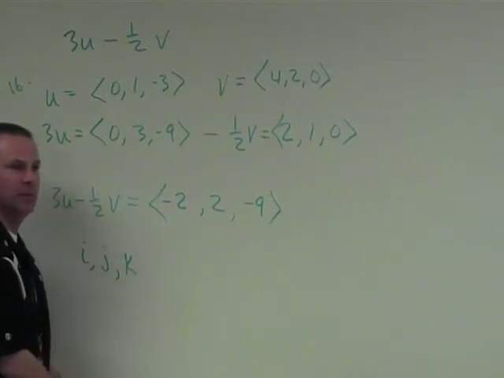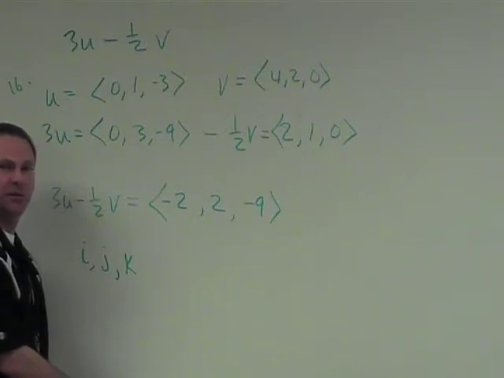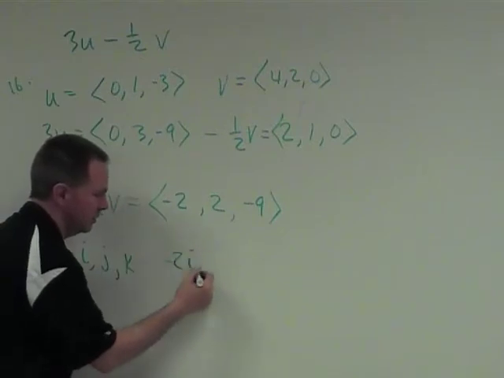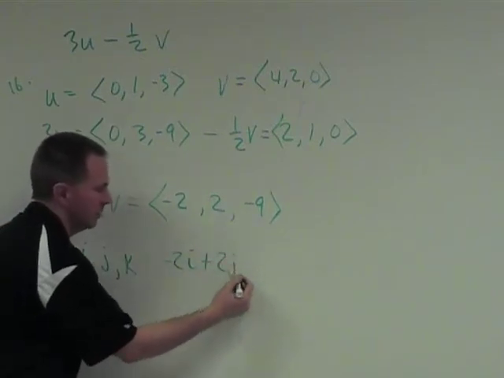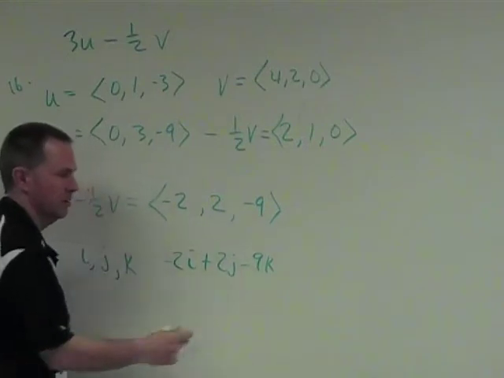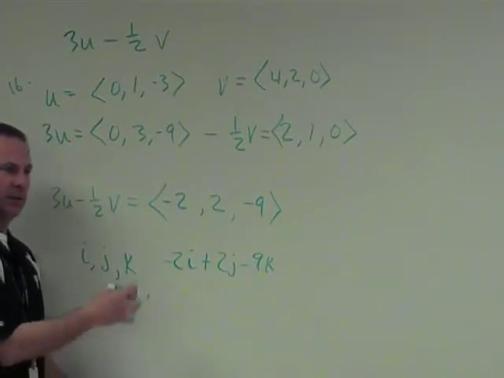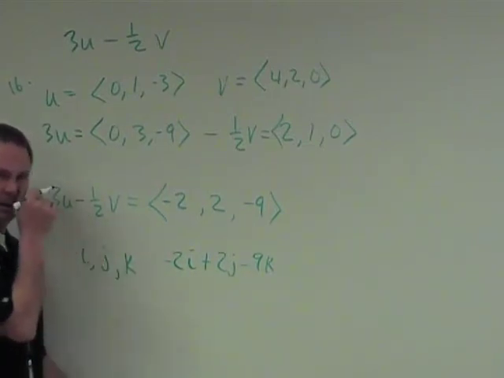You guys don't remember using I and J when we did the 2 dimensions? Negative 2I plus 2J minus 9K. That's it. Jog your memory. Okay, I'm not going to do an example. You're just putting the vectors with the letters, okay?